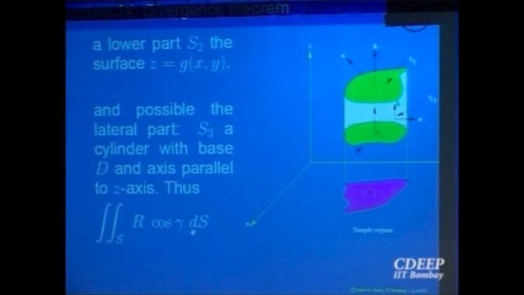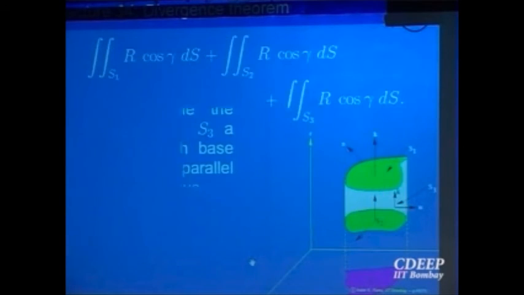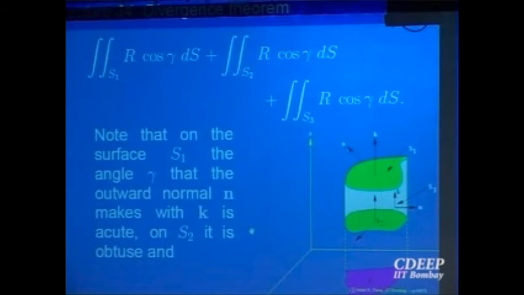So write this as a double integral over S1 plus the integral over S2 plus the integral over S3 first of all, because S consists of three parts. On the side surface the angle is pi by 2, so that integral vanishes, it is 0. On the top one it is nice, the angle is acute, so I can compute it without a negative sign. On the bottom one, the angle is obtuse, so I have to put a negative sign. So let us write those three parts.